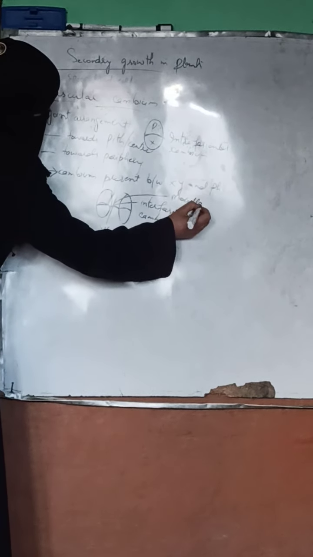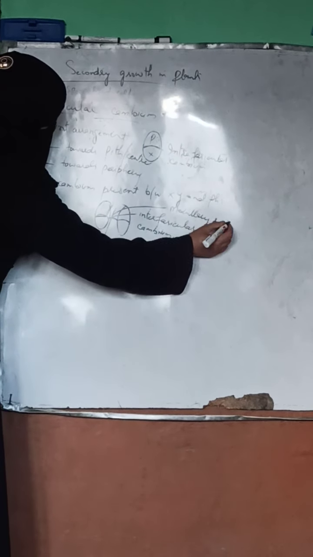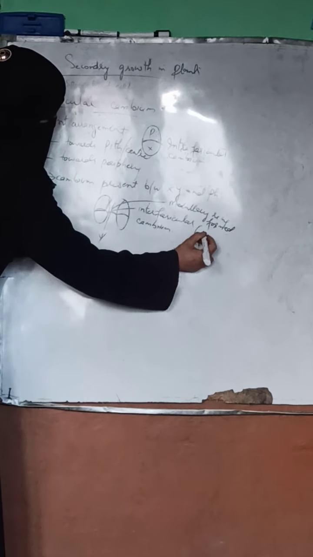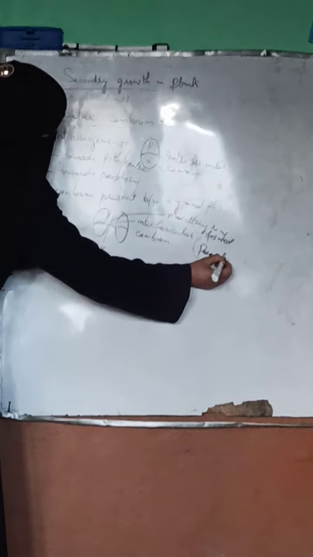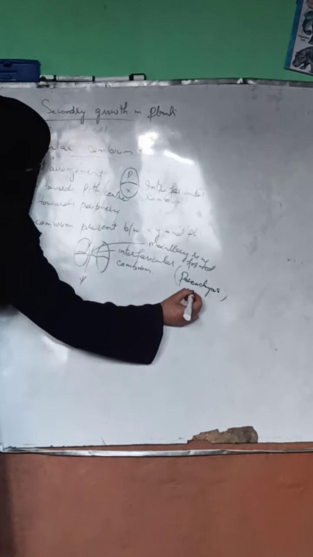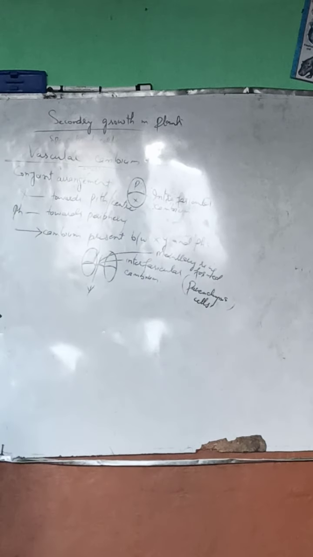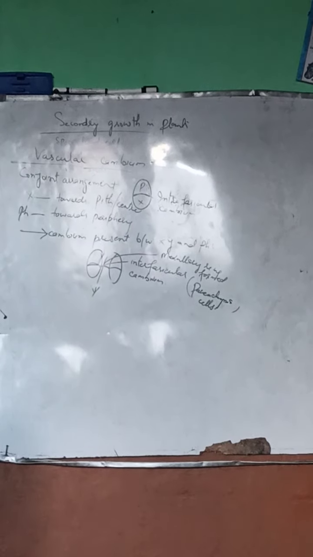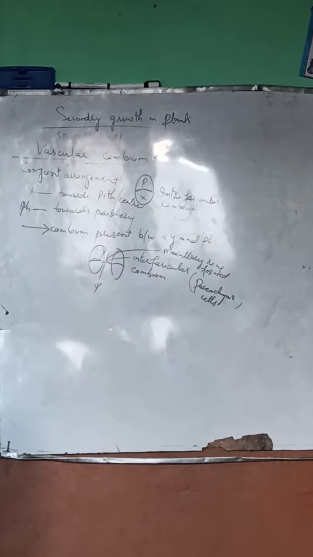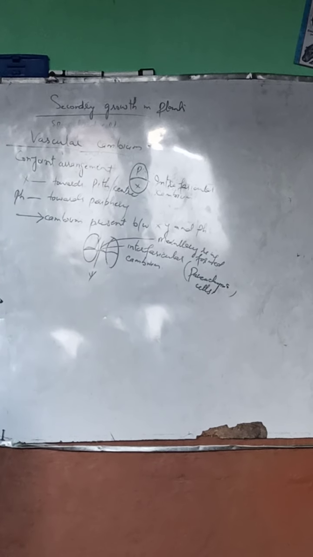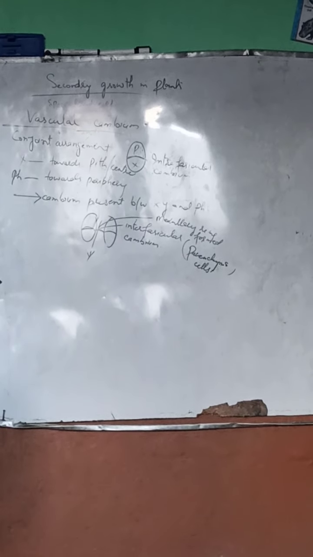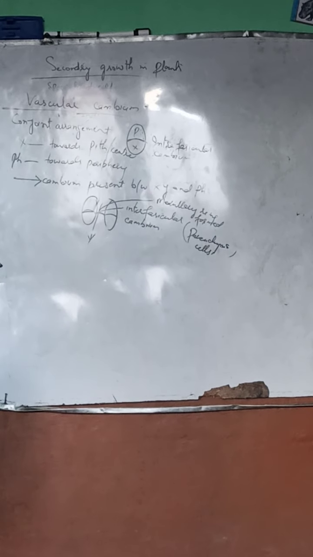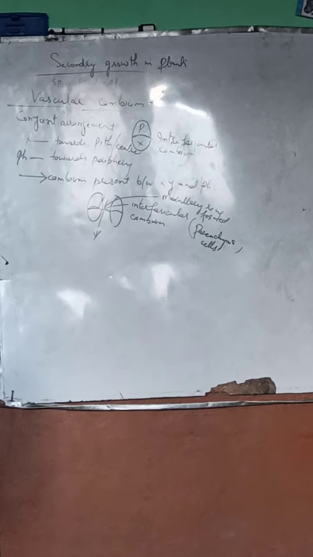These parenchyma cells become meristematic and start dividing further. So this ring-like structure is formed, in case of dicots, because secondary growth is the characteristic feature of dicots.